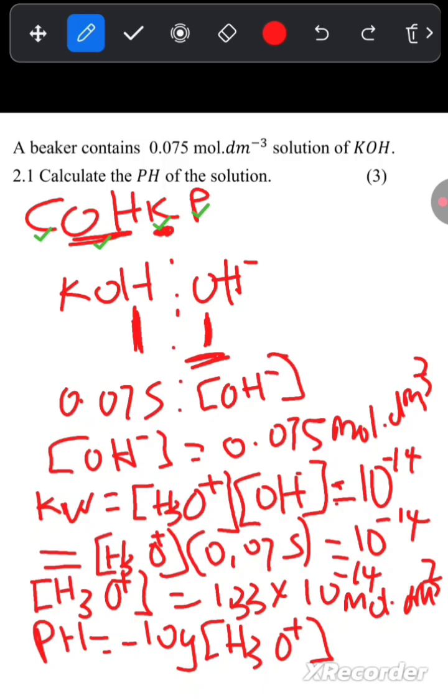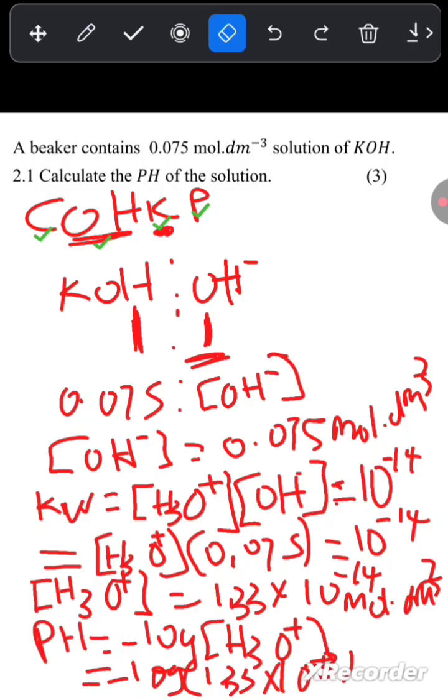Now we substitute, we say this is equal to negative log 1.33 times 10 to the power negative 13. There is supposed to be 10 to the power negative 13 in the calculator. That's what we get. And then we can get our answer.